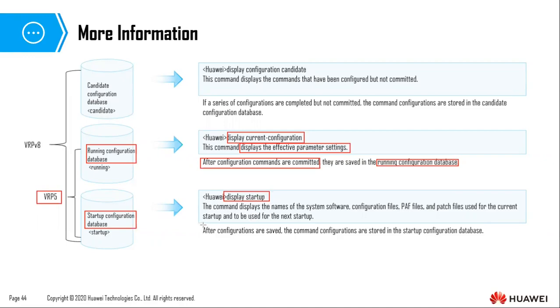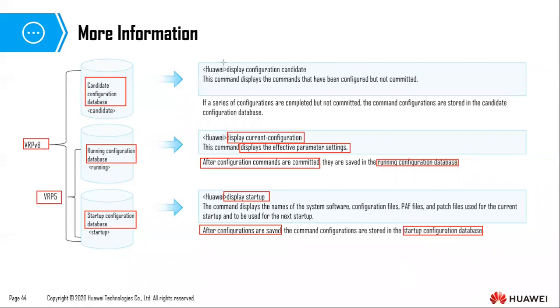When you use the save command, the configuration commands are stored in the startup configuration database. Now, on the other hand, VRP version 8 has another database that is not there in VRP version 5, which is called the candidate configuration database.